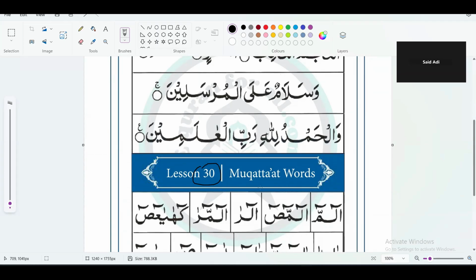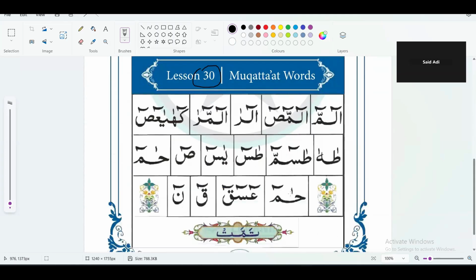That means some important letters we will learn in this lesson. That is very, very easy because these letters come in the beginning of some chapters in the Quran. Chapters we call the surahs in the Quran. Some surahs will start with these special letters.